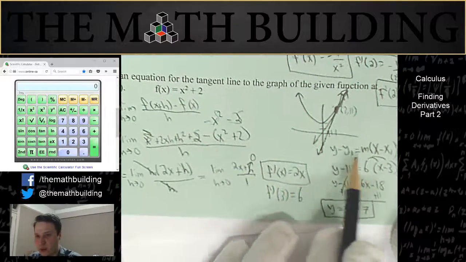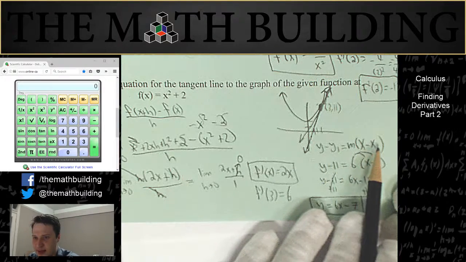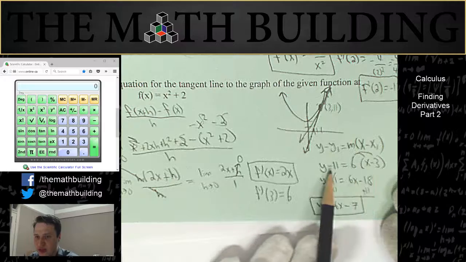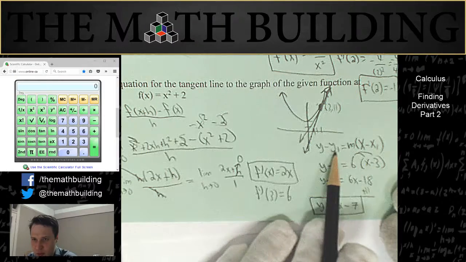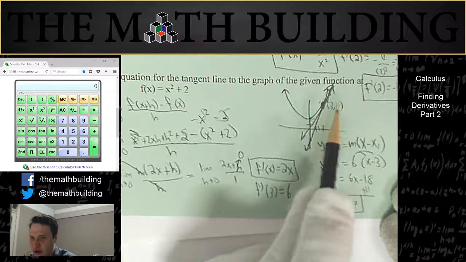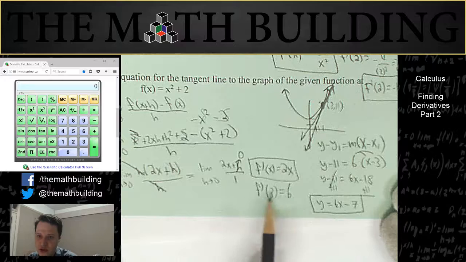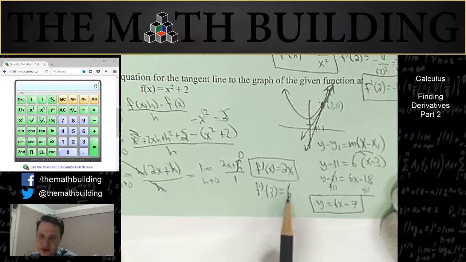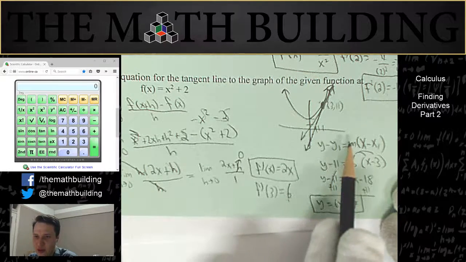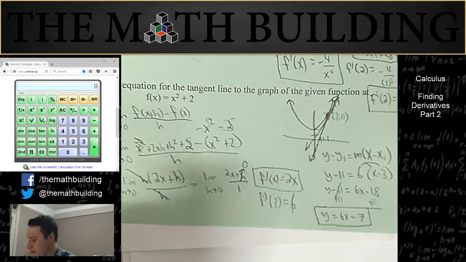Then we used the point slope formula, big Y minus little y equals m times big X minus little x. Our point was (3, 11), so we just plugged that into our point values. And we figured out what the slope was, because if we're at 3, we just need to plug 3 into the derivative equation to find the slope, to find the m. So that 6 value replaced the m, and we were able to come up with the equation.